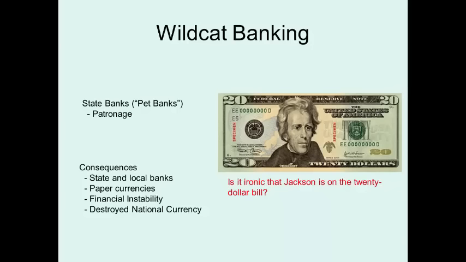The economy is going to be hurt for years and years to come. And so Jackson almost single-handedly completely ruined the national currency. The national currency was destroyed, and we will not have a national currency again until the Civil War.